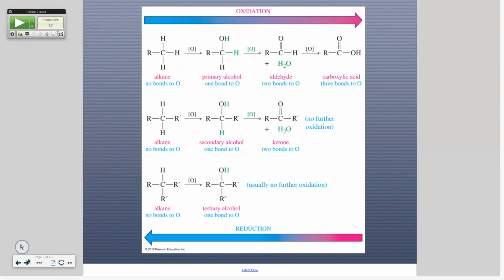If you oxidize it more, you can oxidize aldehydes to carboxylic acids. You added another oxygen. Every one of these steps is an oxidation. Do you see that?